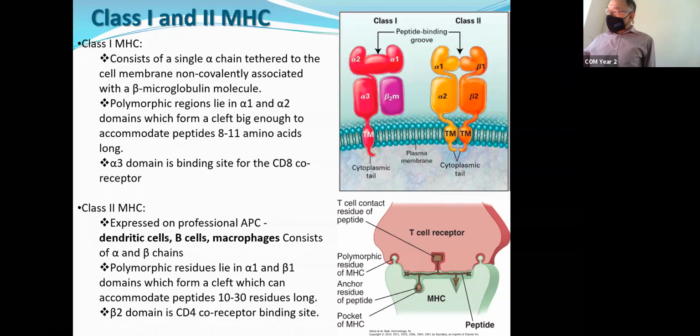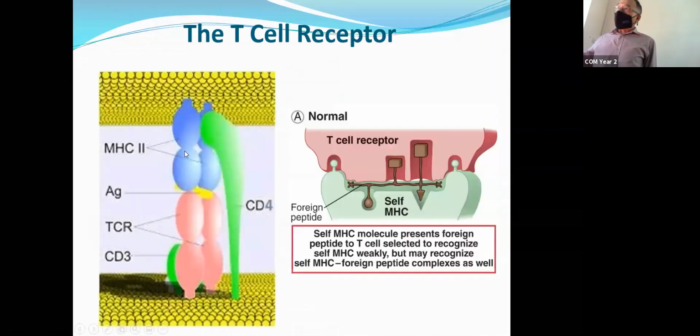Similarly, T cells also use VDJ, but the alpha chain, just like the light chain of an antibody, only selects V and J, and the beta chain of a T cell receptor uses VDJ.